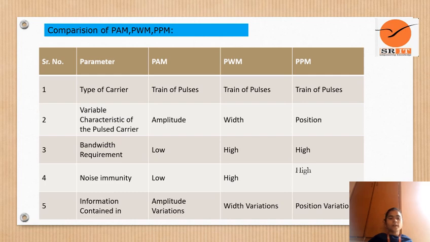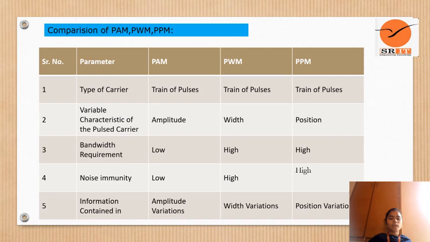We can see the comparison of PAM, PWM and PPM across parameters. The type of carrier in PAM, PWM, PPM is a train of pulses. The characteristic varied in PAM is amplitude, in PWM is width, and in PPM is position.